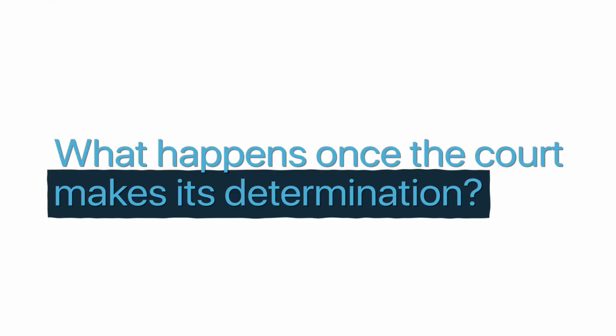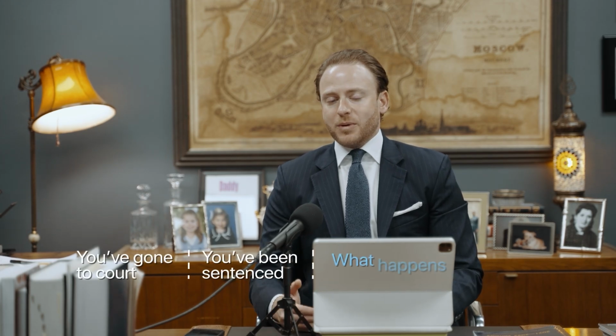So there is no parole system through the Bureau of Prisons in the federal system. So we have to start talking about, okay, well, what happens once the court makes its determination? You know, the number one thing that I always discuss with individuals at any point in time when they start having these questions is, you've gone to court, you've been sentenced, what happens next?